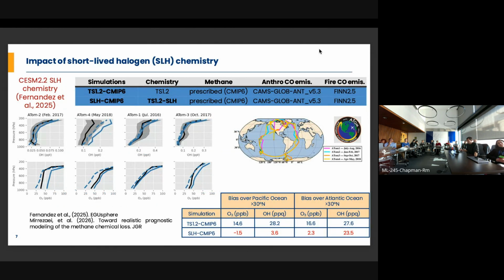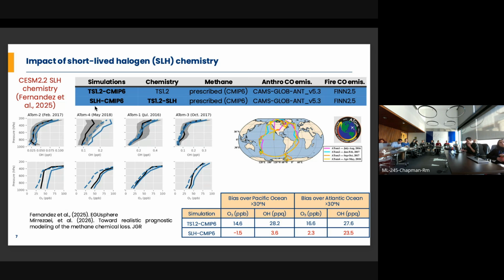So when we heard about the Chile paper about the impact of SLH on ozone, we were very interested right away in getting this OH bias issue resolved. And so we've been collaborating with Rafa using this code, CESM2 SLH. And so here's a comparison of TS1.2 versus SLH.